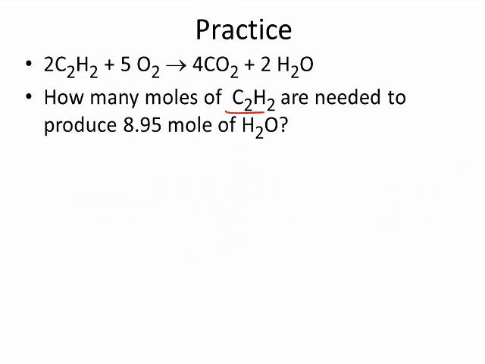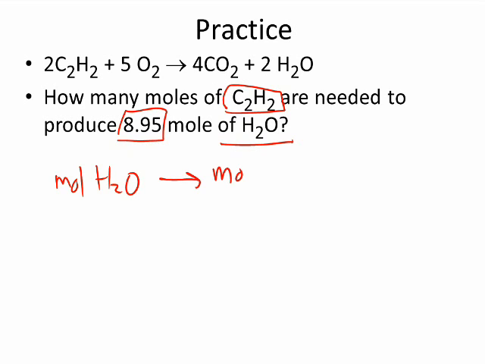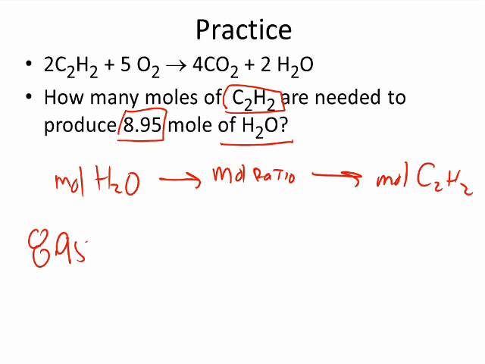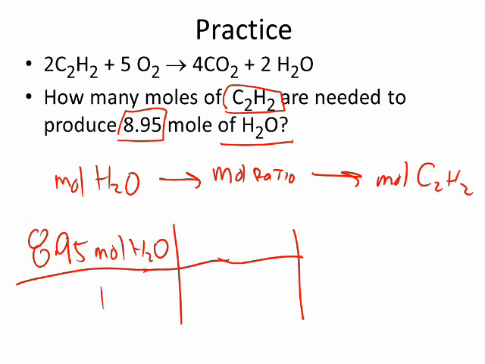We want to see how many moles of C2H2 are needed to produce 8.95 moles of H2O. So we're just going to go from mole to mole. We start with 8.95 moles of water times the mole ratio there.